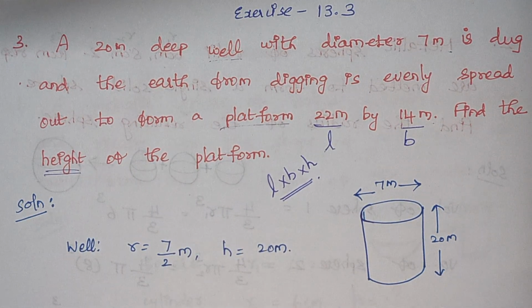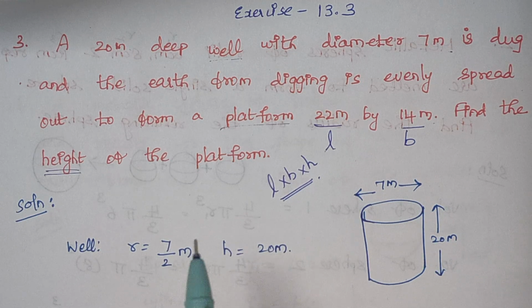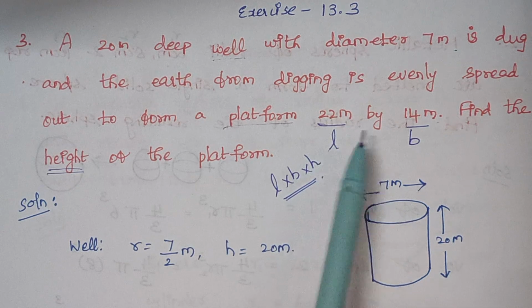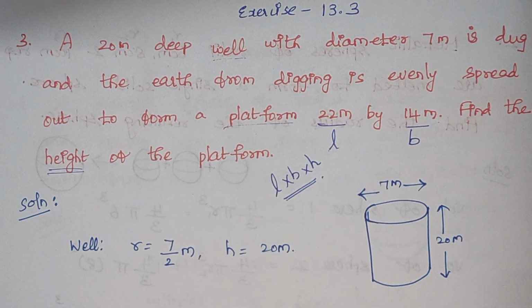So here you see what is the shape whose dimensions have 3 parameters. Obviously it is a cuboid. So cuboid or cube, anything. But here since the parameters vary, we are telling it as a cuboid.